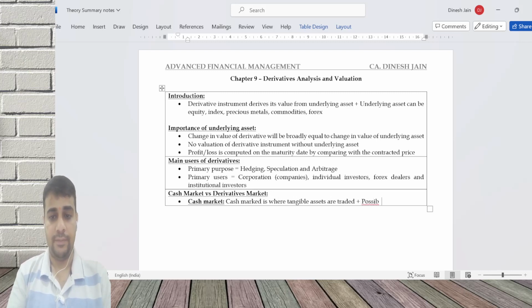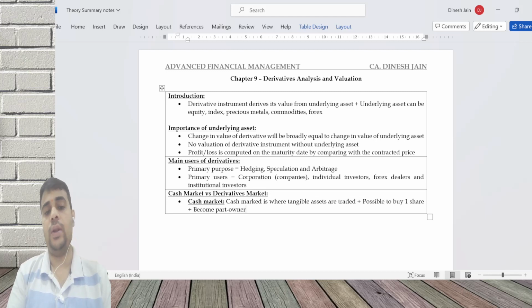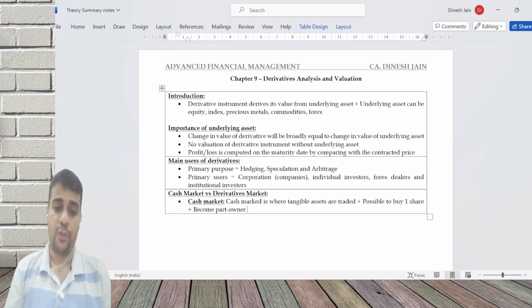Possible to buy one share, become part owner. I'm just writing the important points. Possible to buy one share, become part owner.